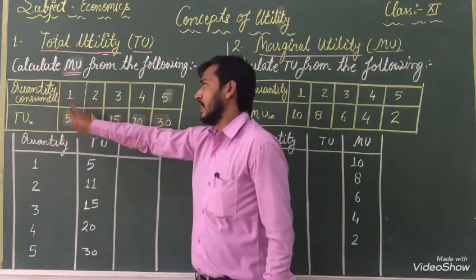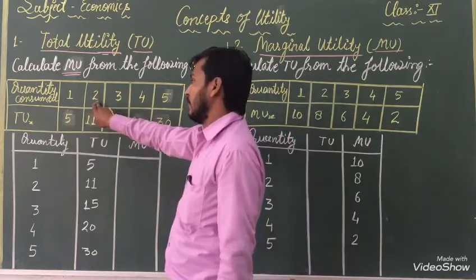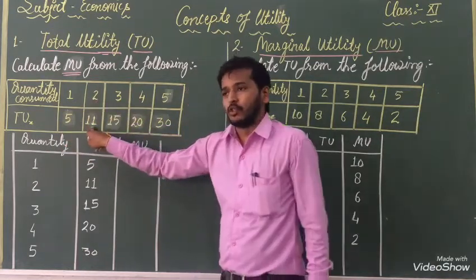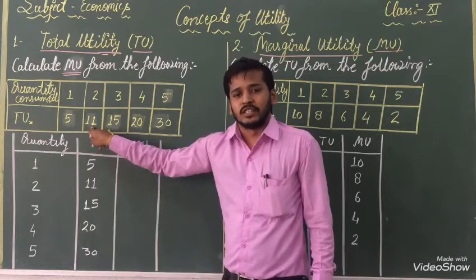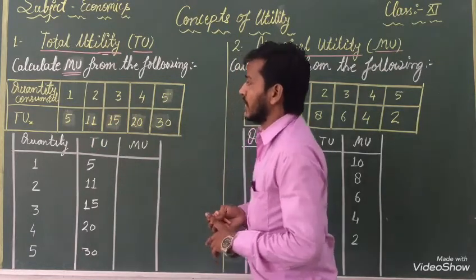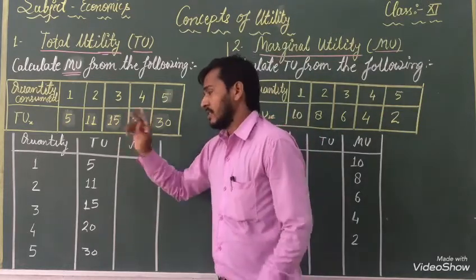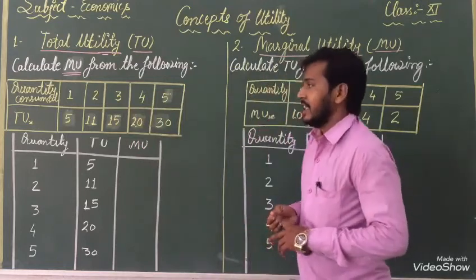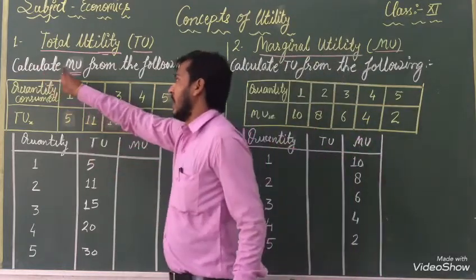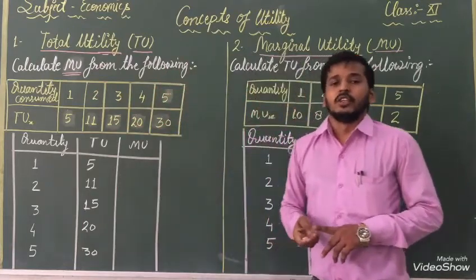The first time we consumed 5 units, second time we consumed 11 units, meaning this is the total utility. Third quantity consumed, 15 total utility. But according to the question, if you want to calculate MU from the following, how can we calculate it?